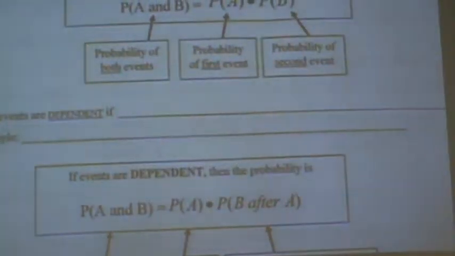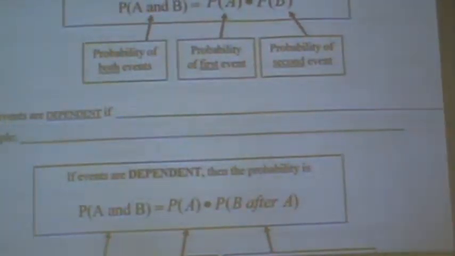Another example is, say we have a bunch of juices and we have a bunch of granola bars. Say we're going to pick a juice and we're going to pick a granola bar. Does picking a specific juice matter when you're picking a granola bar? No. So the two events are independent of each other.